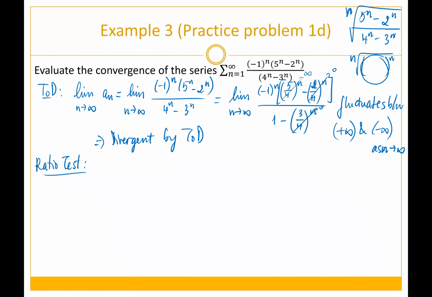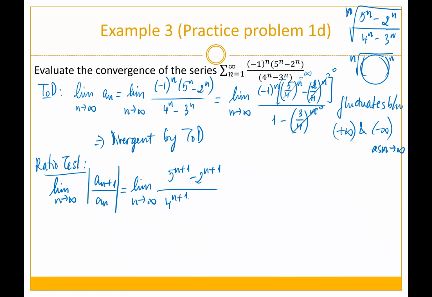So the ratio test is where you find the limit as n approaches infinity of the absolute value of the n plus 1 term over the n term of a sequence. So you're going to have 5 to the n plus 1 minus 2 to the n plus 1 divided by 4 to the n plus 1 minus 3 to the n plus 1, and multiply.